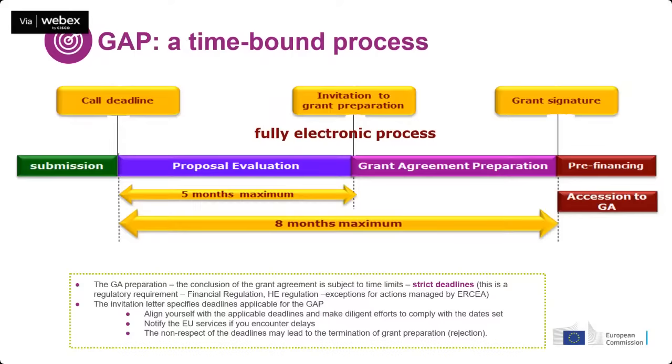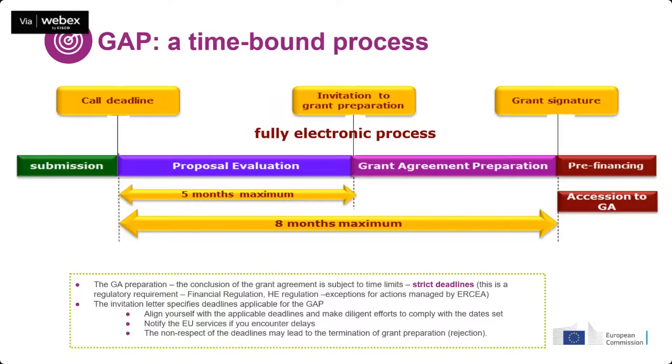Of course, there are some exceptions due to the specificities of the ERC, for example. There is a specific exception granted by the financial regulation for this type of action. But in general, the rule is that there are 8 months from call closure.